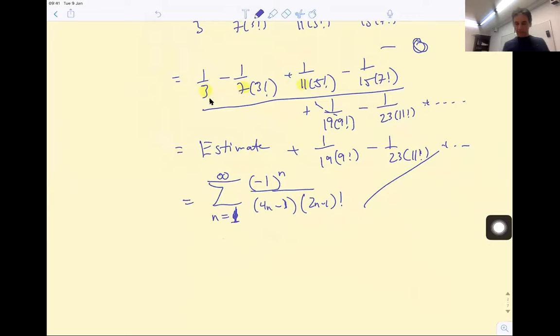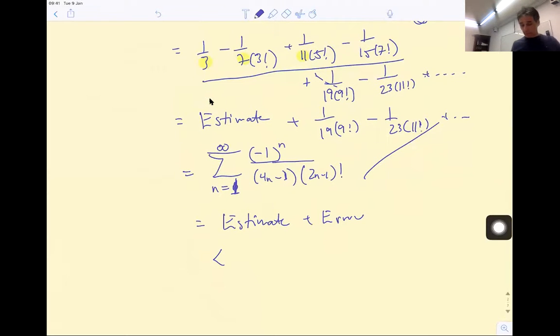Okay, so as you can see, the actual value for this definite integral is in fact an alternating series. And so the value of it would be the estimate plus an error. And we know by the theorem of alternating series that the error is less than the next term, a sub n plus 1.